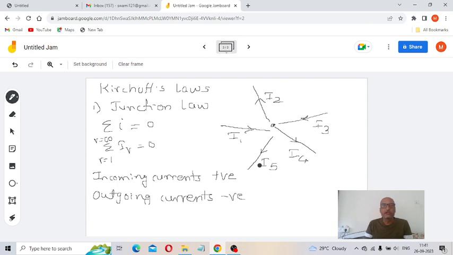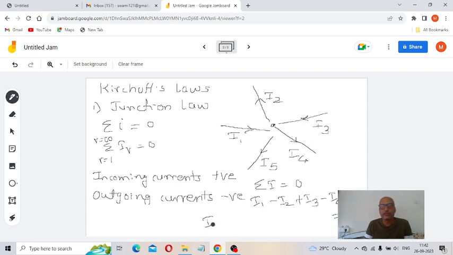So in Kirchhoff's law statement, we can say that summation I equals 0. That is, I1 incoming as positive, minus I2, plus I3, minus I4, minus I5 equals 0.